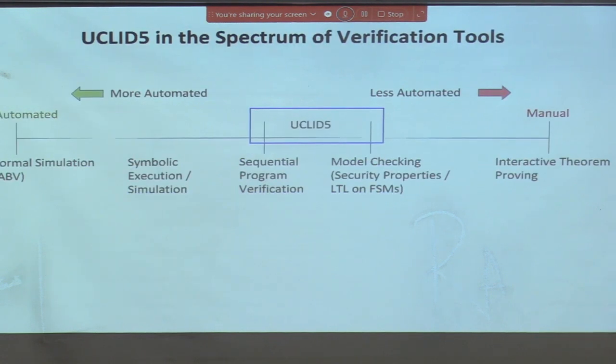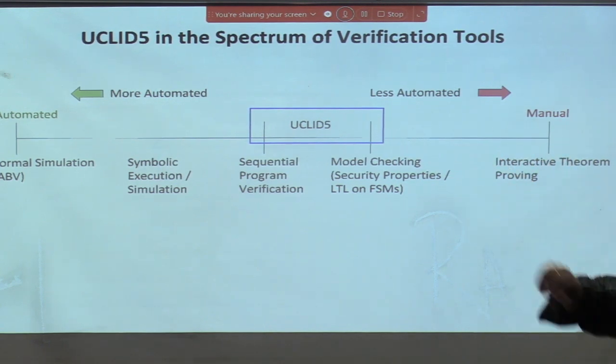Now, if you are not working in formal methods, let me give you a more high level view of the spectrum of verification tools. On one end of the spectrum is a much less automated, more manual approach to verification, which is based on things like interactive theorem proving, so systems like HOL, Coq, and so forth.